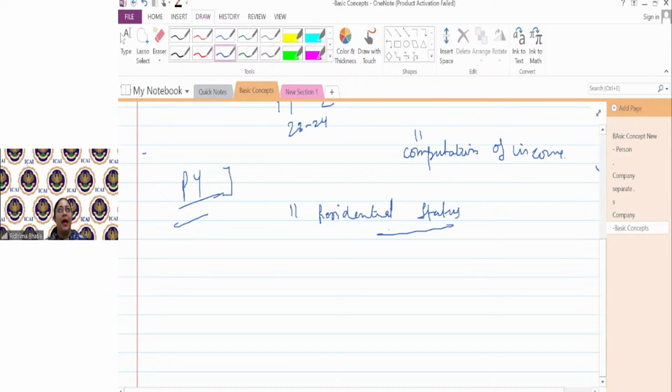In any other country also, but in India, the income tax and its charge is restricted as per the residential status of a person. Now, why is residential status important to determine?